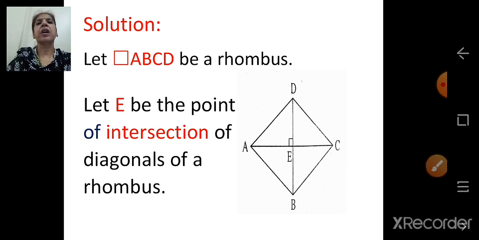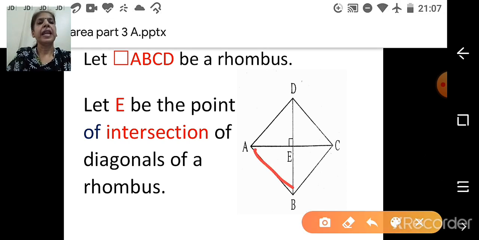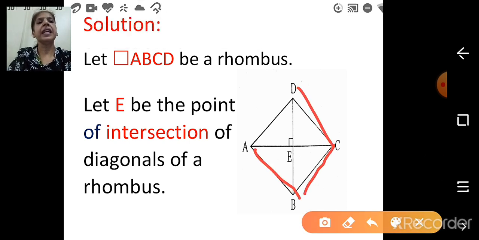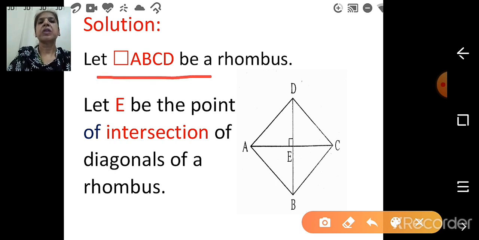First we have to draw a rhombus. So you will draw a rhombus A, B, C, D. And solution, we will write let quadrilateral ABCD be a rhombus. Now we know that names have to be written in clockwise or anti-clockwise order.